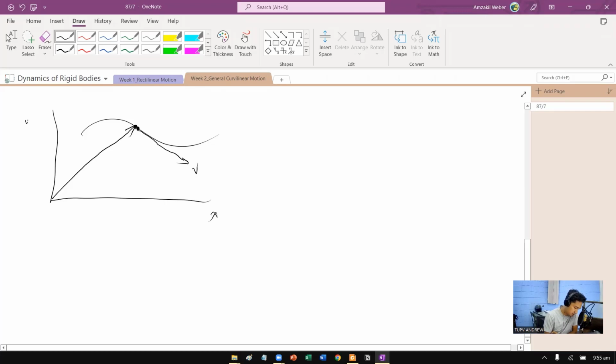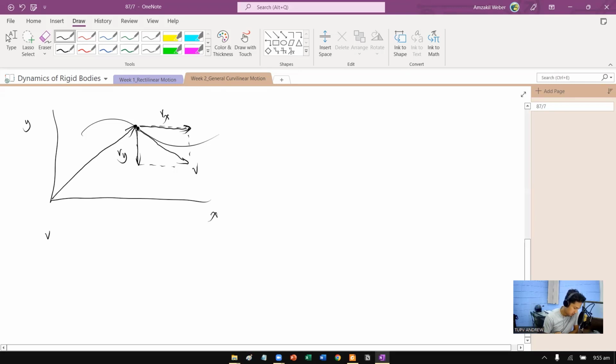This is the x-axis, this is the y-axis. Now I have to expose the components. This is Vx, and this is Vy. You see that Vy is going up and Vx is going right.